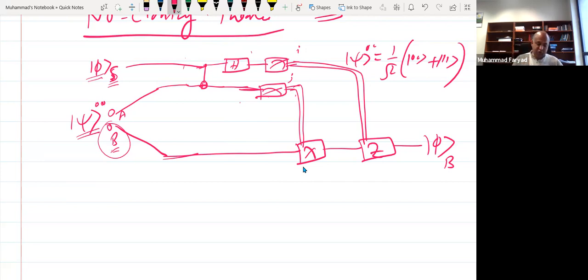Because if I want to transport this state phi to a third party, what I first do is that I prepare 2 qubits in entangled state, keep one qubit to myself and give the other qubit to that third party, and that third party is storing it somewhere, that qubit.